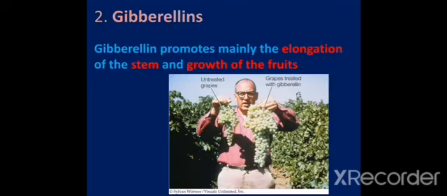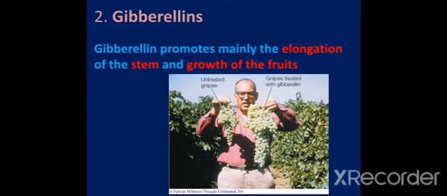Number 2. After auxins, we are going to talk about gibberellins. Gibberellins promote mainly the elongation of the stem and growth of the fruits. Here you can see untreated grapes in the right hand of this person and fruits treated with gibberellin in his left hand.